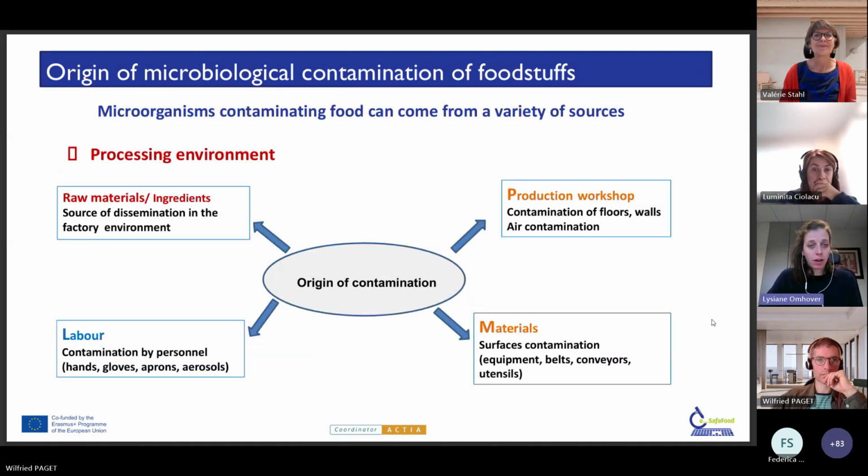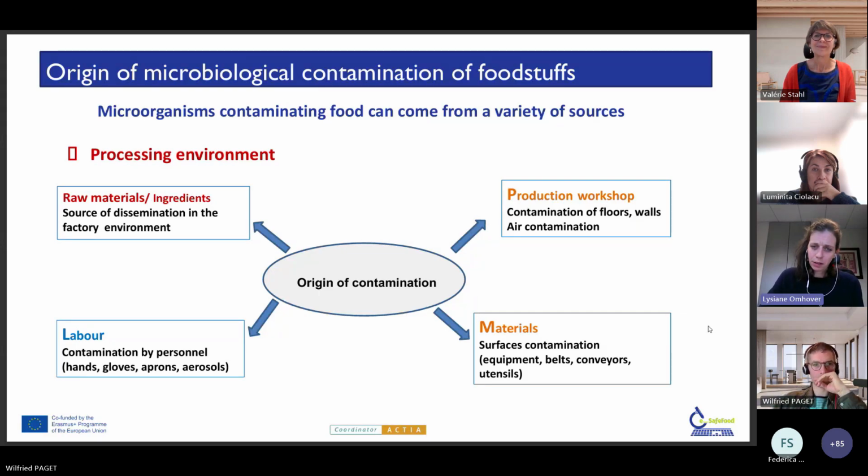In the processing environment, there are 4 origins of contamination. Microorganisms can come from raw materials or ingredients, which are a source of dissemination in the factory environment. It can also be from the production workshop, with contamination of floor, walls, or air contamination.